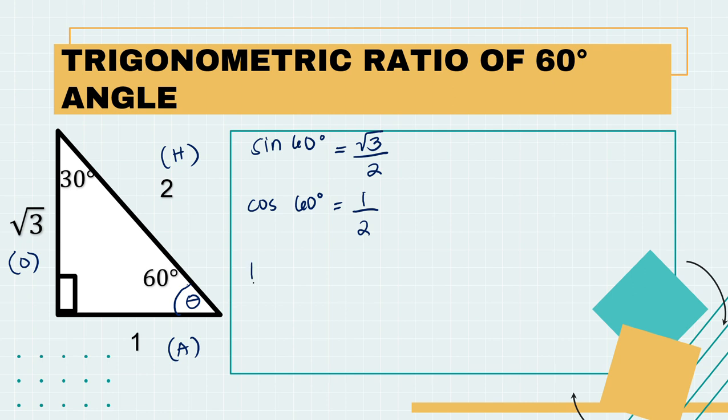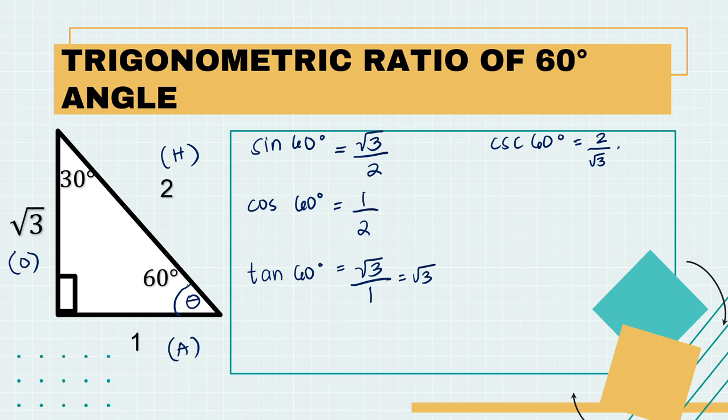And then tangent 60 degrees is equal to the opposite, square root of 3, over adjacent, 1. So the answer is square root of 3. Next is the cosecant 60 degrees. That is equal to 2 over square root of 3.